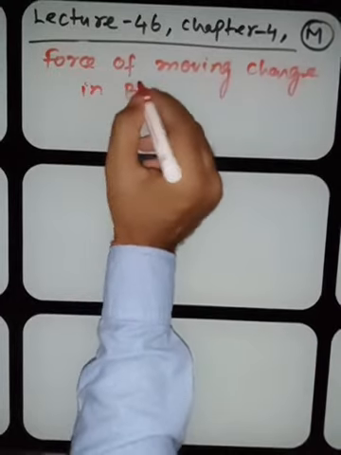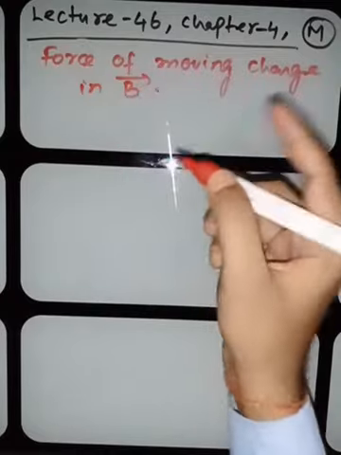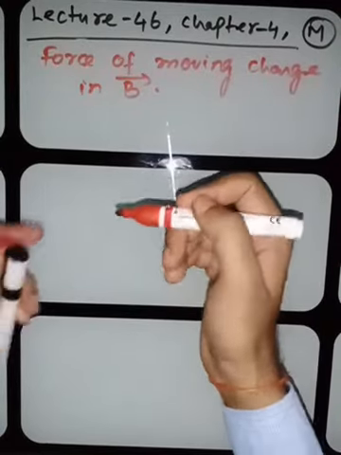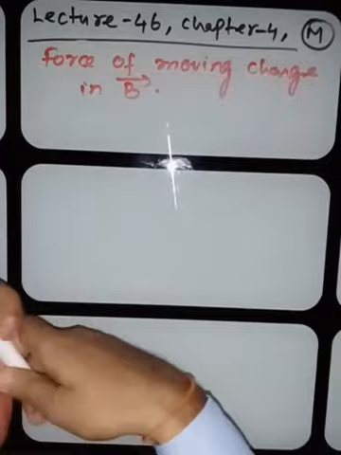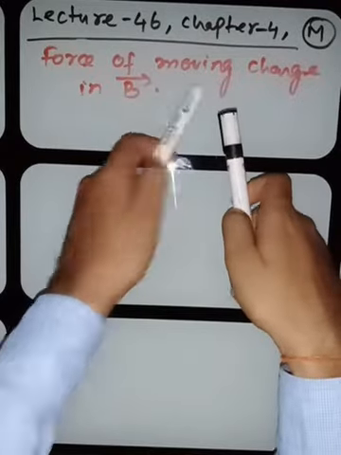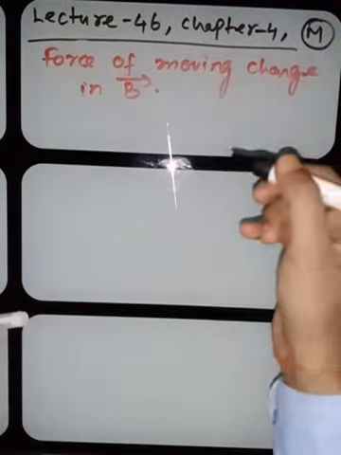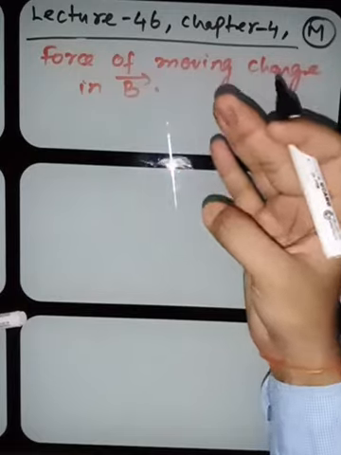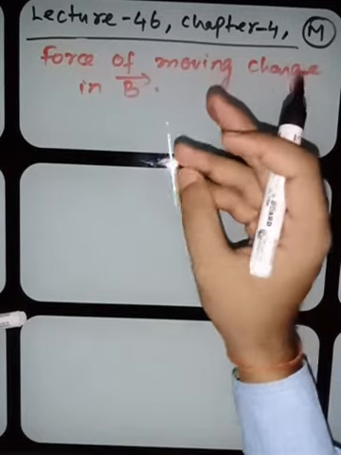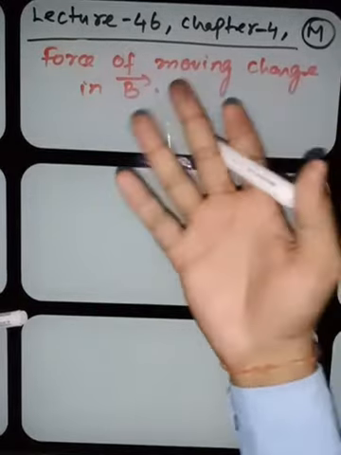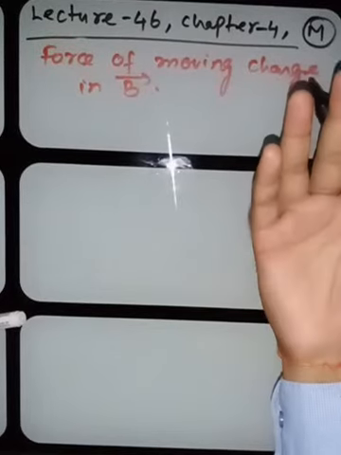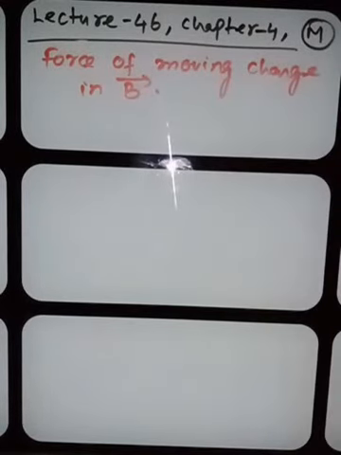in magnetic field. Remember students, I am explaining here the force on moving charge, but we are taking the positive charge, because I will discuss the magnitude and direction. For magnitude, whether positive or negative, the force will be the same, but the direction will change for positive and negative.